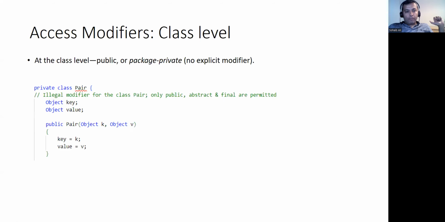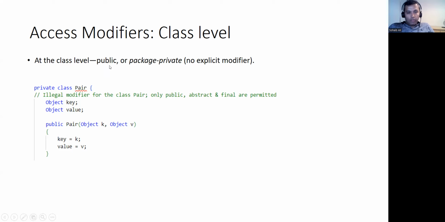Now with respect to these packages, there is a difference between how access modifiers work in Java versus how they work in C++. There are two levels. In terms of class, I can say that maybe some class is private, public, or abstract or final, but you cannot declare a class as a private class.